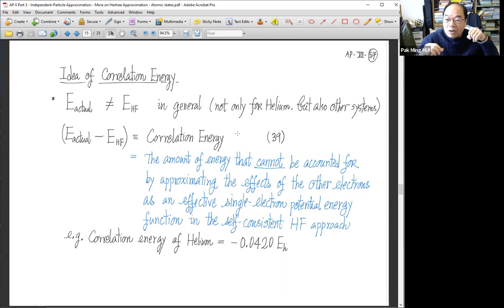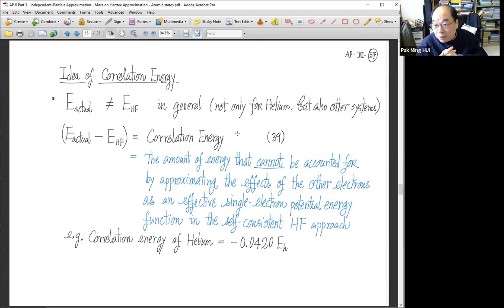Okay, so in order to account for the electron-electron repulsive term in the Hamiltonian, we make an approximation in the Hartree-Fock approximation. The difference here means that what is missing, not accounted for by this kind of averaged out the Z-1 electron effect. Okay? That difference, if big, we call this system is strongly correlated.